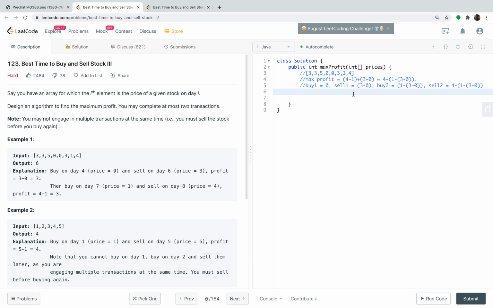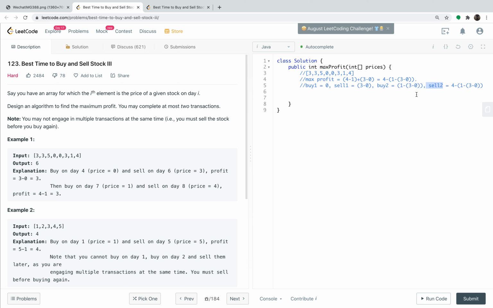So the high level idea of this solution is that in order to get the maximum profit sell2, we must make sell1 as large as possible to produce a small buy2, and therefore buy2 can be as small as possible to give us the final maximum profit sell2.